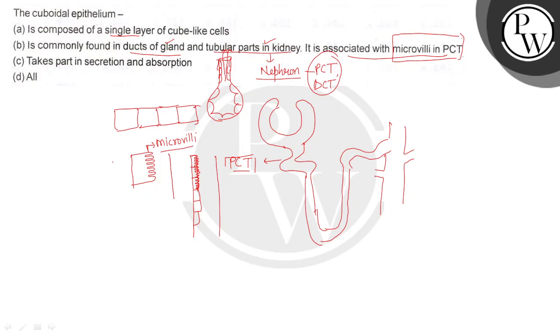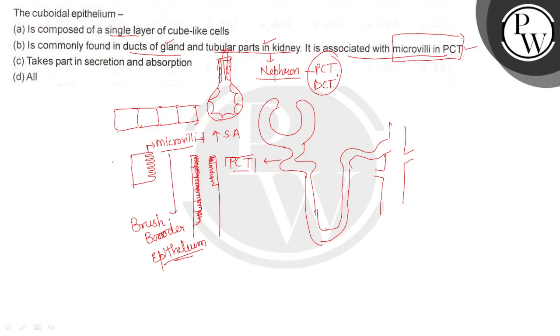Due to the presence of microvilli, this epithelium is also known as brush border epithelium. The function of these microvilli is to increase the surface area. So this one is also true.